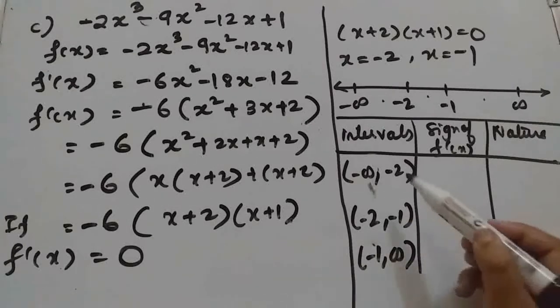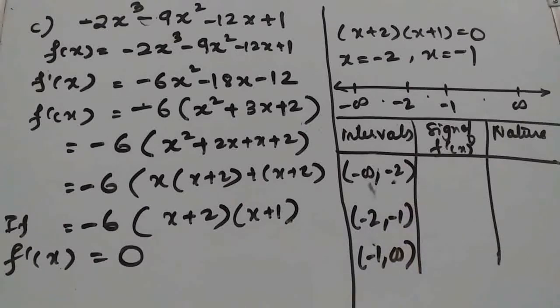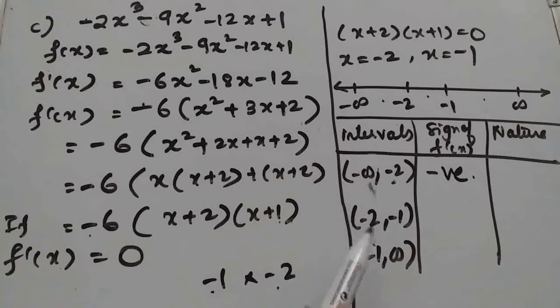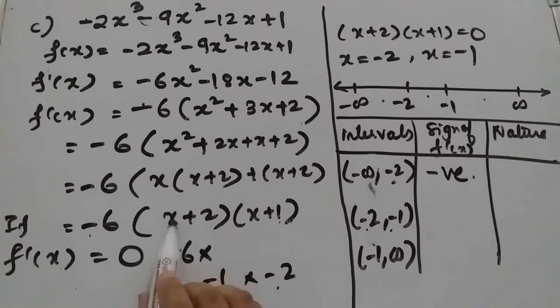Okay, so for the first, suppose minus 3 value if we substitute here in this expression, minus 3 plus 2 means minus 1 you will get, and here minus 3 plus 1 means minus 2. Okay, and already here minus is there, so minus minus plus and minus, negative, so negative will come. And in this interval minus 2 to minus 1, if we substitute any value, suppose minus 1.5, minus 3 by 2, then minus 3 by 2 plus 2 will be positive 1 by 2, isn't it?